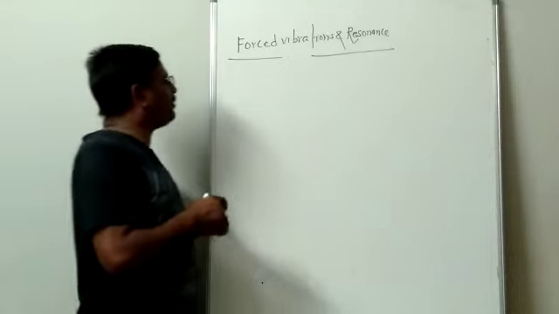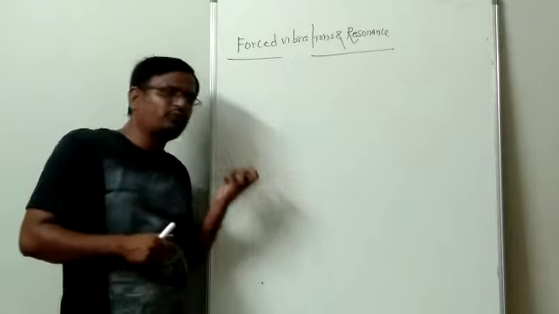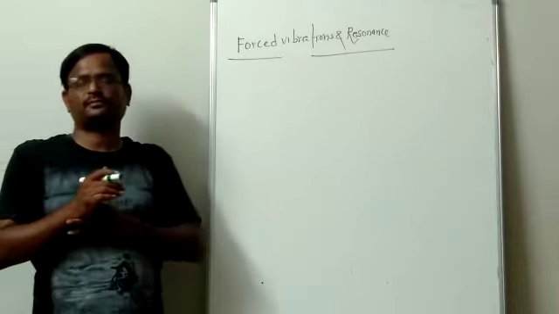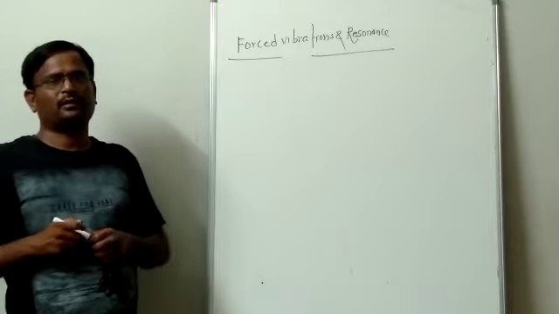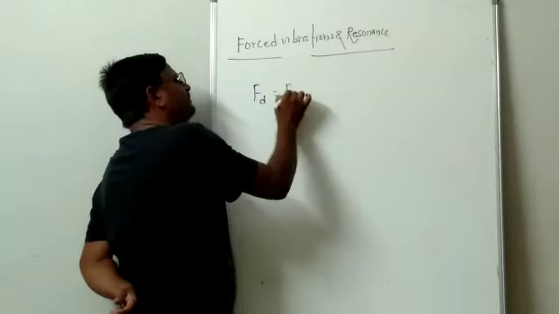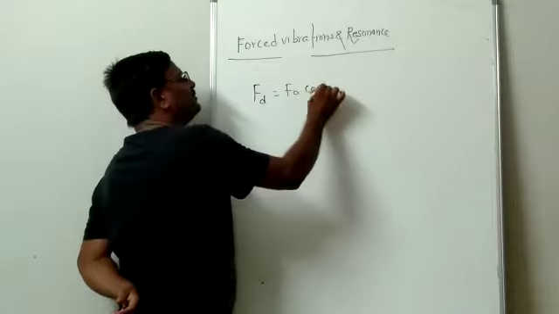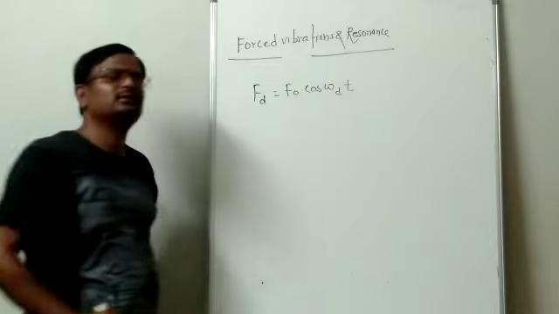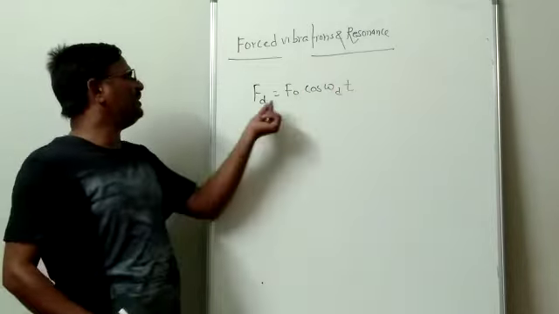Before going to forced oscillations, a periodic force which varies with time is given by Fd is equal to F0 cos omega d t. Omega d is the frequency of the driving force, and this force varies with time with amplitude F0. This force is applied.